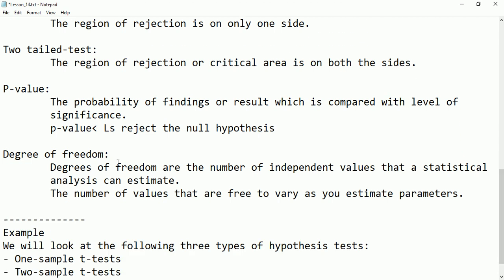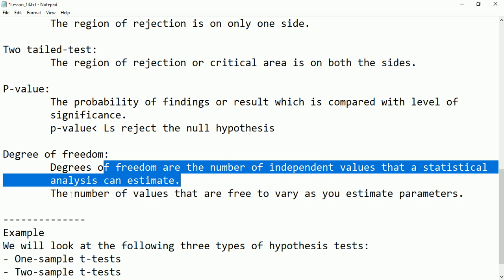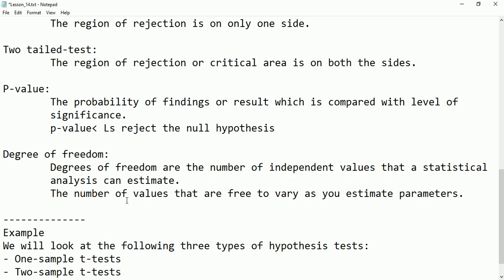And then something we have here, degree of freedom. So what is this degree of freedom? Degree of freedom is the number of independent values that a statistical analysis can estimate. Or we can say, the number of values that are free to vary as you estimate the parameters.